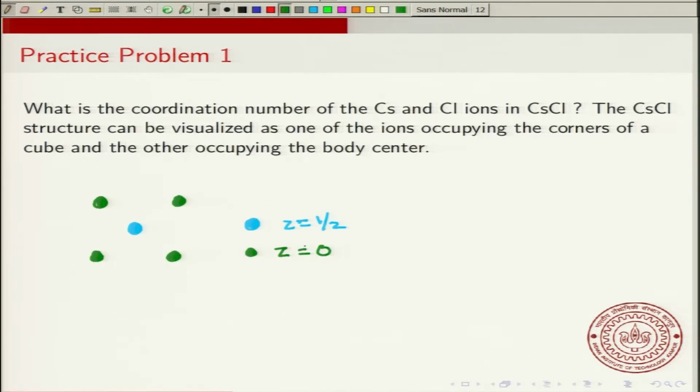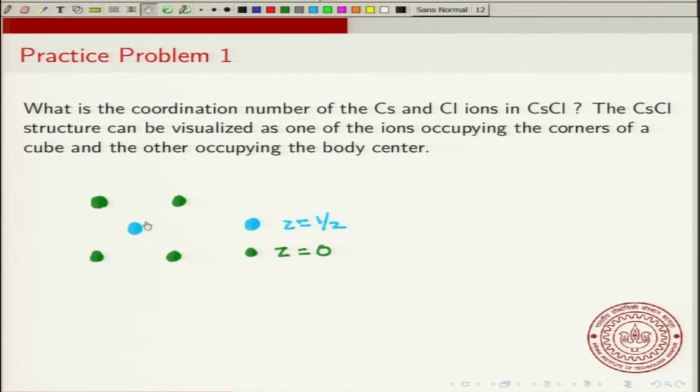Okay, so this is the cesium chloride structure, and now you can see that along with this z equal to 0, there will also be a similar plane of these 4 green atoms at z equal to 1.